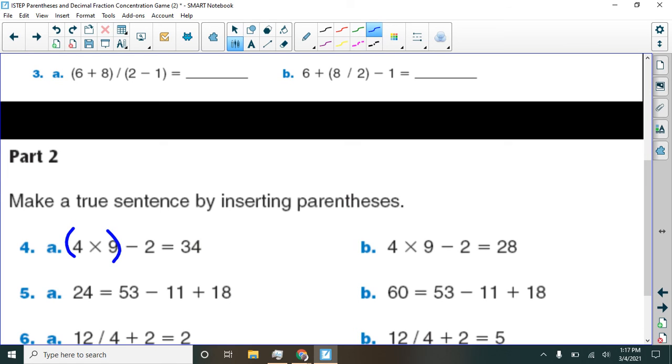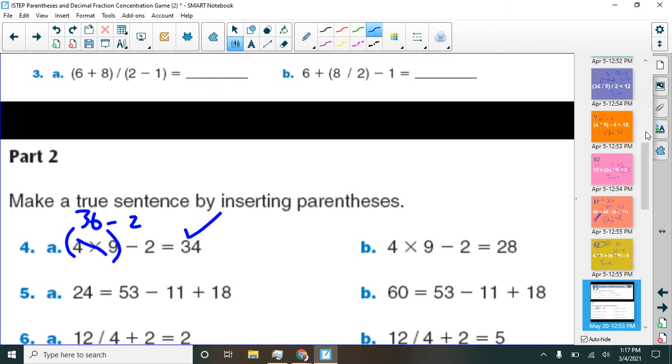Now, if this works, great, we're done. We go to the next one. If it doesn't work, we move them and try that. Okay, does it work? What do you think? Okay, it does work. Why? It works because 36 minus 2 does equal 34.